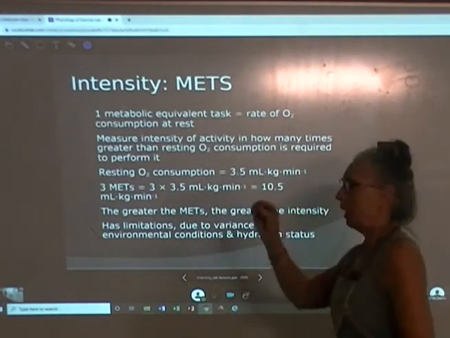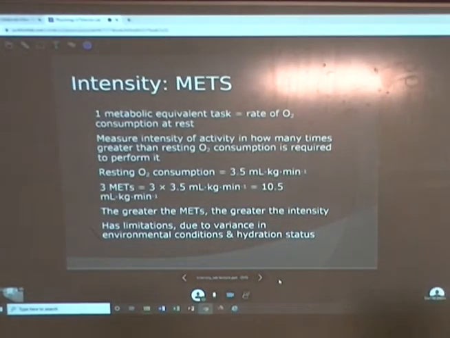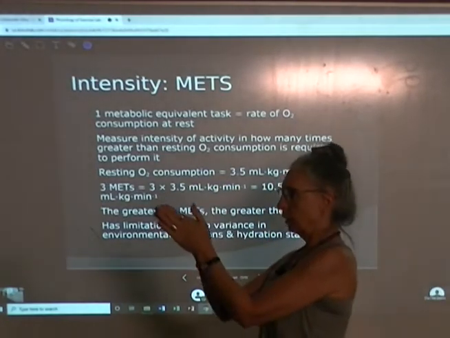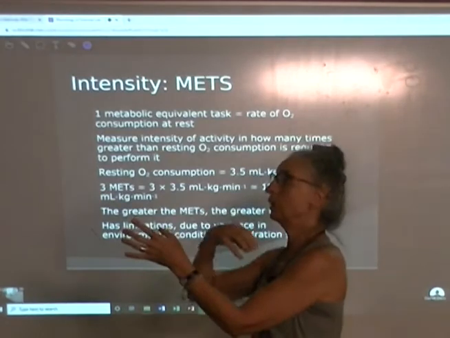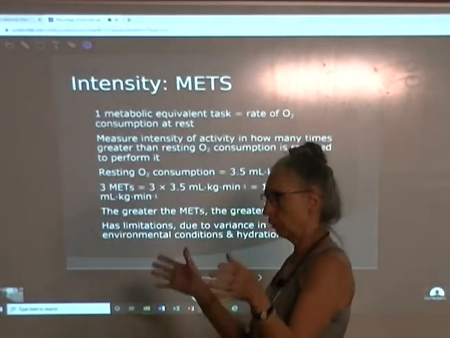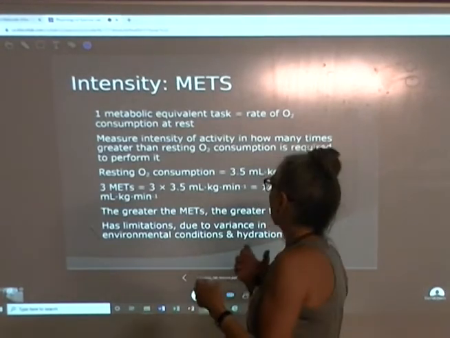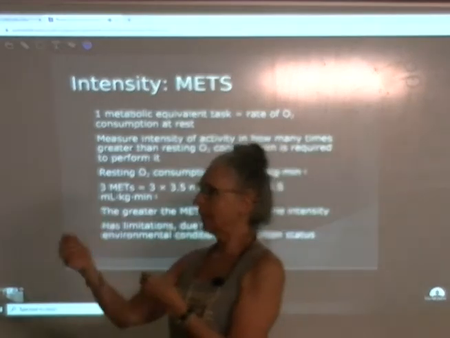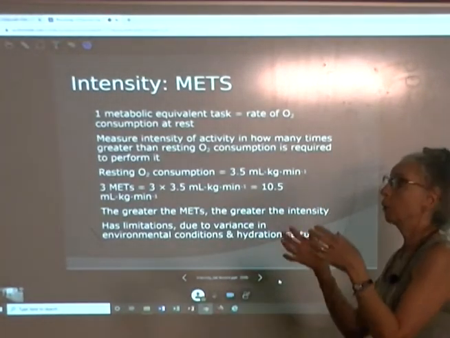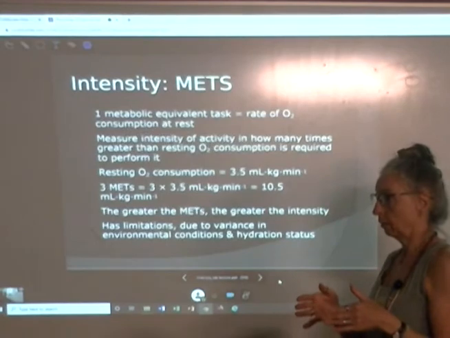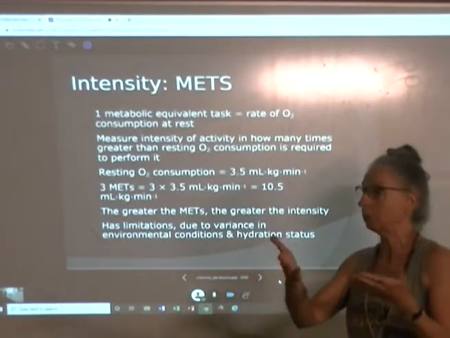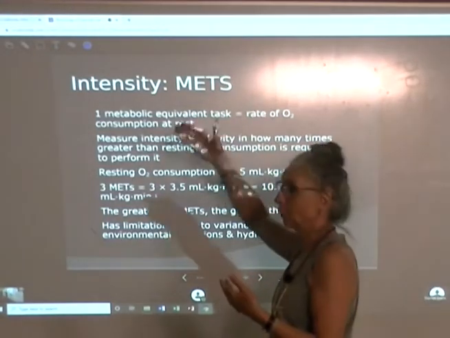So what happens with METs is that, as I said, 1 MET is the amount of oxygen that you as an individual use when you're doing nothing, right? When you're just sitting still. And then the measure of intensity is how much harder am I working compared to when I'm resting, right? So if I think I'm working 3 times harder than when I'm sitting still, that's 3 METs.